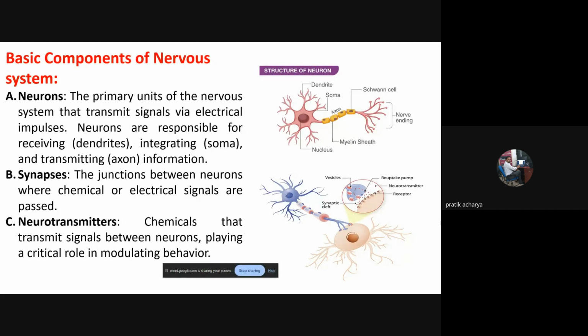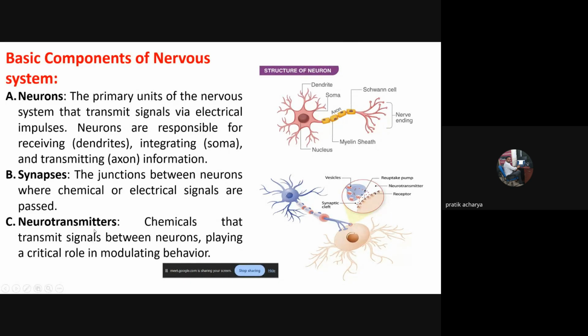Synapse is the point between two neurons. The synapse is responsible for transmission of chemicals. This is the synaptic point: the ending of one axon, the axon vesicle, and the beginning of the next neuron.